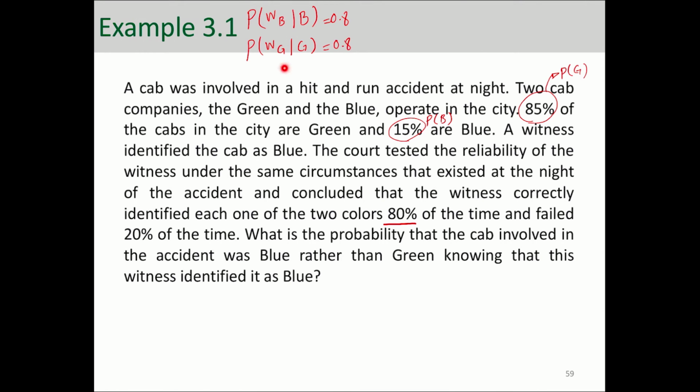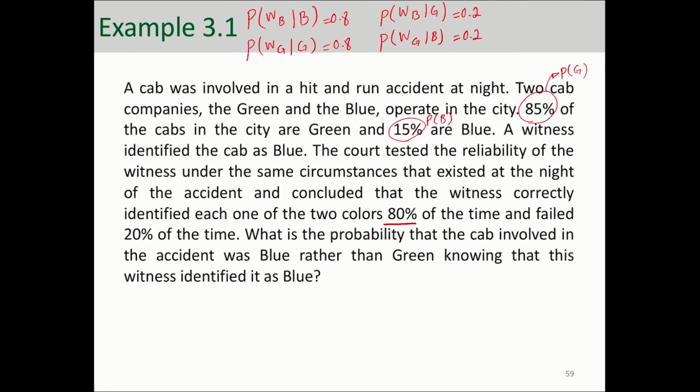The same structure exists for the 20%, which is failure to correctly identify. And failure to correctly identify is when a witness identifies it as blue, but the color was actually green, and vice versa. The witness identifies it as green when the color was actually blue. So let's write those two down. So now we have our given information down in terms of probability notation.